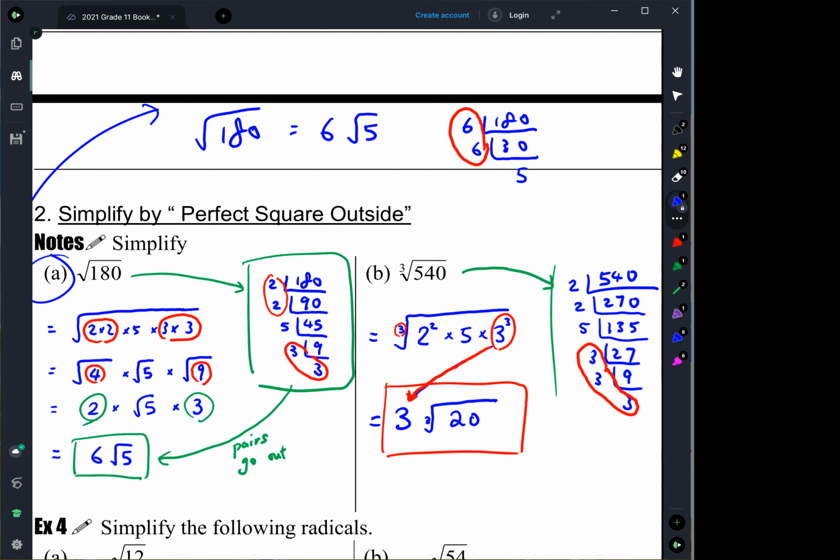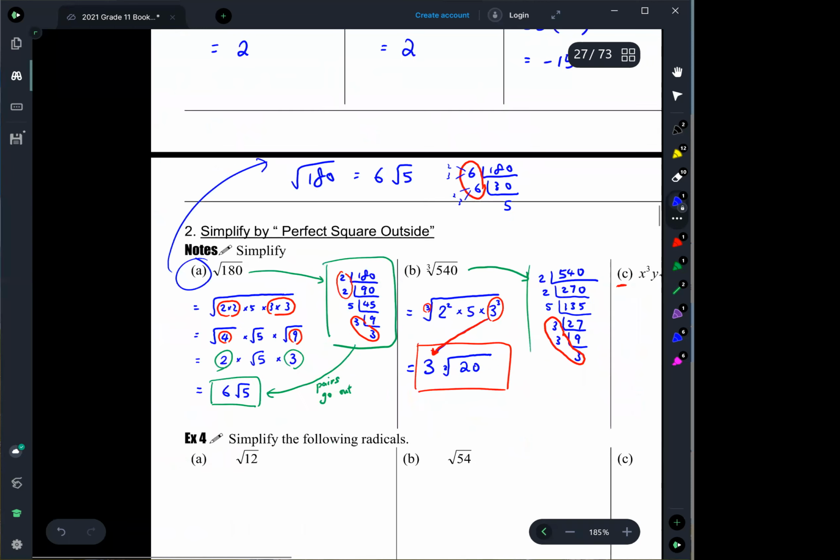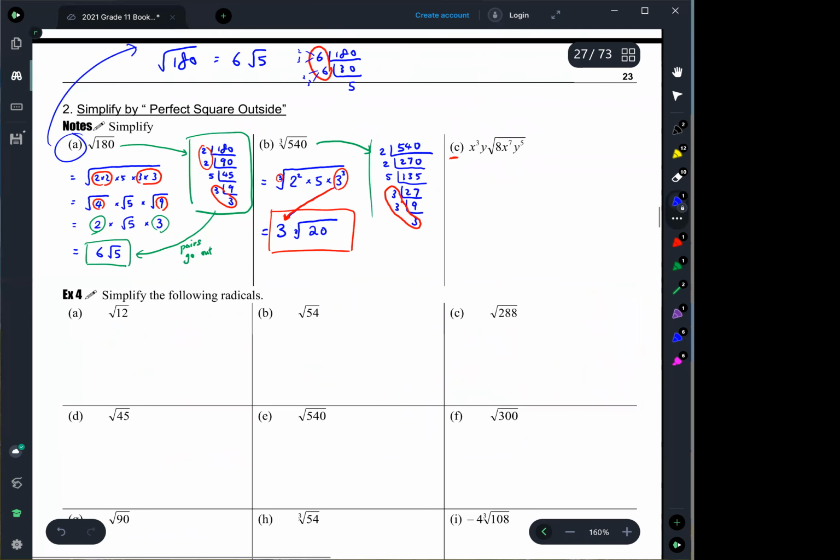If you divide and there's no pair, then you have to look at the inside: 2 and 3, 2 and 3. Look at what's underneath each number. If you use a bigger number, sometimes you won't be able to see the pair right away. So the safest way is to use 2, 3, 5, all the prime numbers.